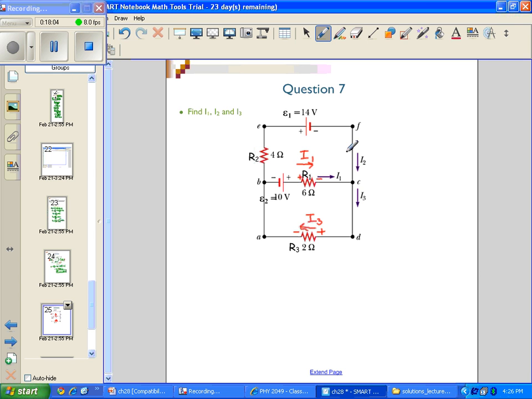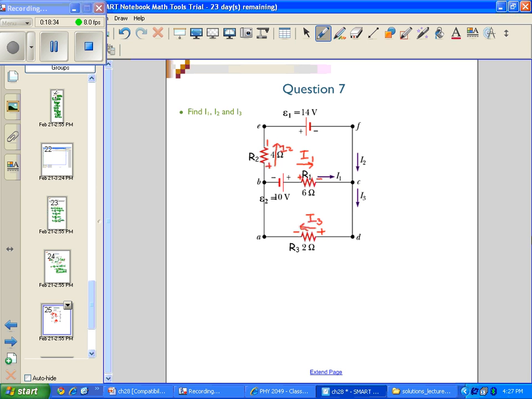I2 flows across here, and therefore it must be that I2, when it passed through R2, must have gone upward in this direction, meaning that this was the positive end and this was the negative end. So we make these notes since they will become very useful for us when we actually use the loop rule.